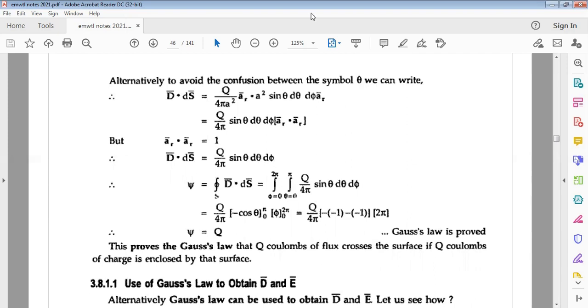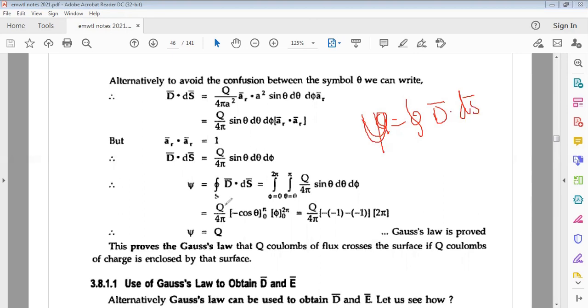According to Gauss law, Q is equal to the integral of D bar dot dS bar. Psi is equal to Q, the psi and Q are both the same.